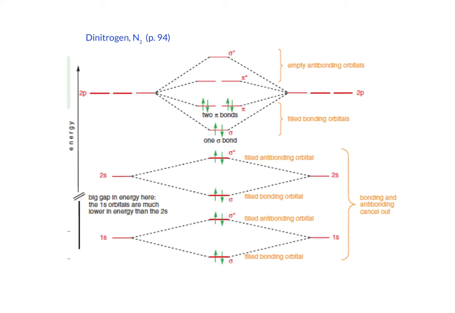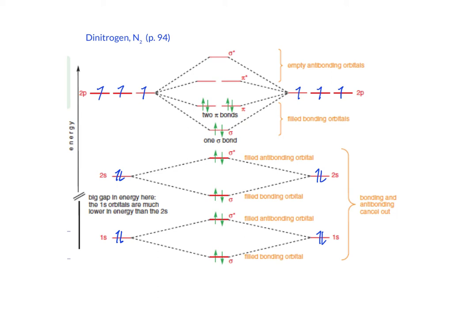Nitrogen has atomic number 7, so there are 7 protons and 7 electrons. 2 of the electrons come in the 1s orbital, and then the remaining 5 electrons fill the 2s and 2p orbitals as increasing in energy. We have the same situation for the second nitrogen.